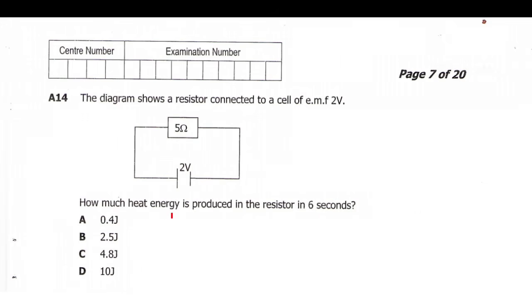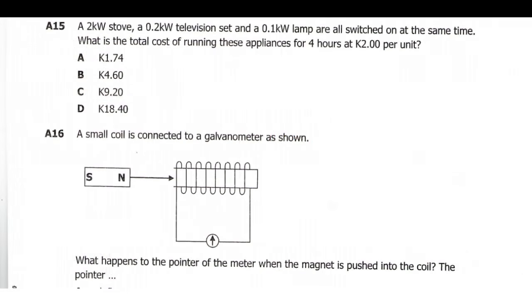Our formula for calculating energy: energy is equal to voltage squared times time divided by resistance. We have been given voltage 2, time 6 seconds, resistor 5. So we substitute 2 to the power 2 times 6 over 5 and get our answer as 4.8. So our answer is C.